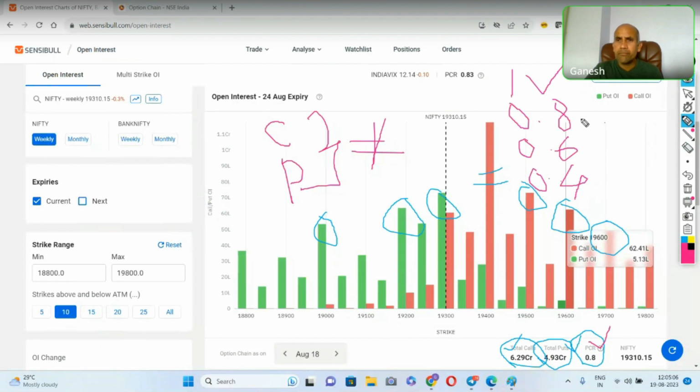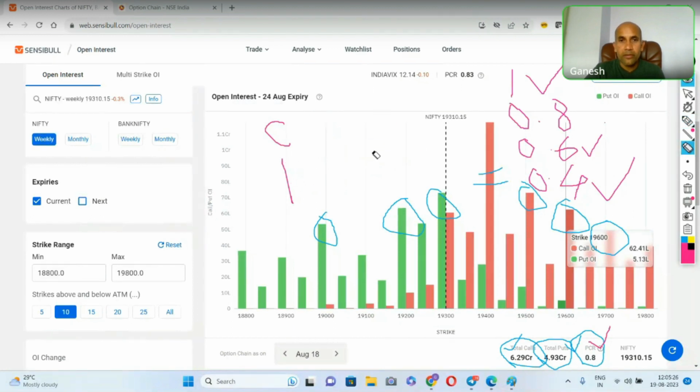So 1 means neutral. 0.8 means a little bit neutral to slightly bearish. 0.6 means bearish. 0.4 means an extreme bear trend, it is oversold. Too many calls sold, it indicates 0.4.